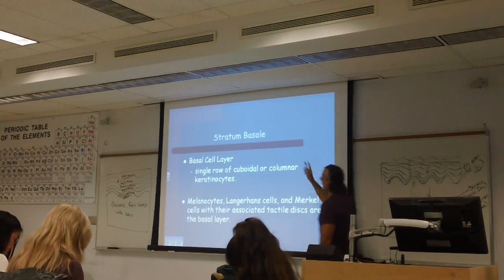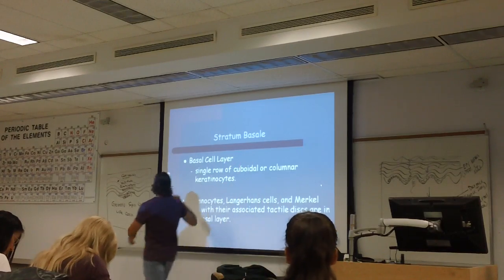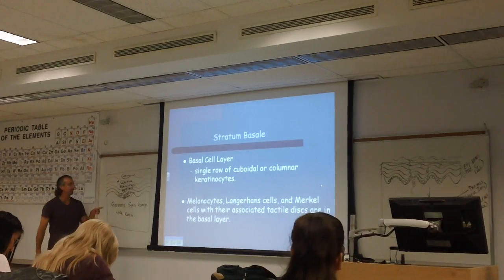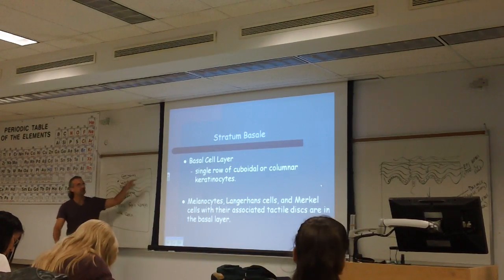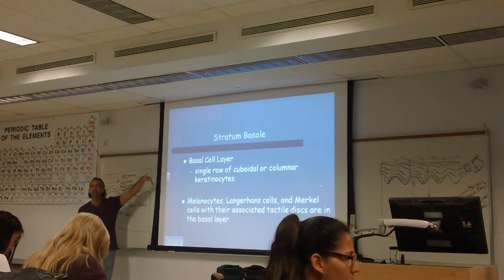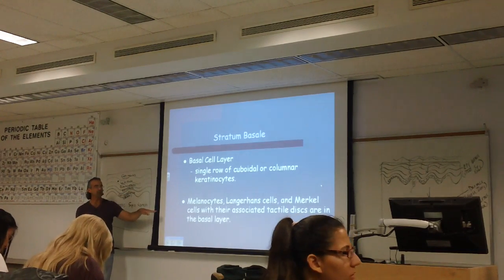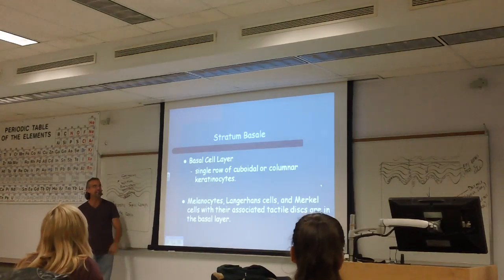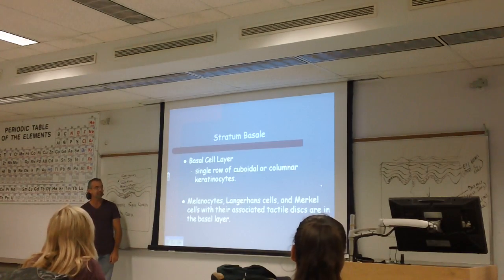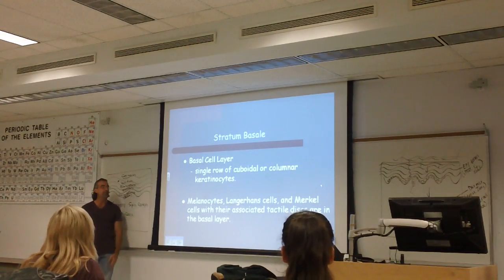All right, we're going to do the bottom layer first. That's stratum basale, or stratum germinativum. I don't really care that it's a single row of cuboidal cells. Down here at the bottom, we have melanocytes, Langerhans cells, Merkel cells in my basal layer.